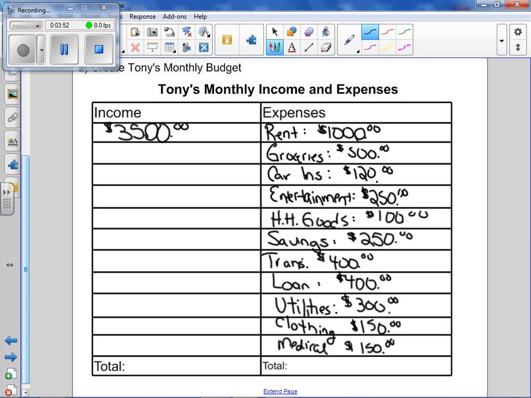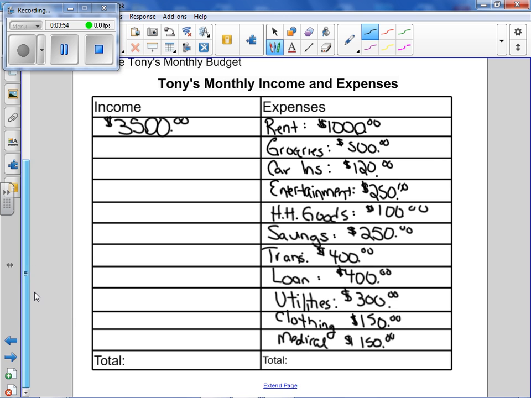Now my next step is to add everything up. The income's pretty easy to add up, right? There's only one value in there, so 3,500. Now I'm adding up all of the values in the expenses: 1,000 plus 500 plus 120 plus 250 plus 100 plus 250 plus 400 plus 400 plus 300 plus 150 plus 150.